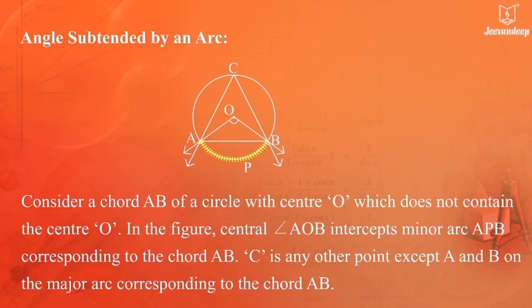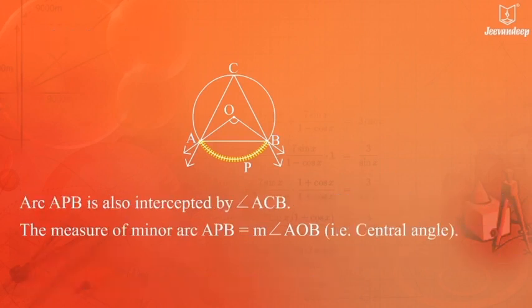C is any other point except A and B on the major arc corresponding to the chord AB. Arc APB is also intercepted by angle ACB. The measure of minor arc APB equals measure of angle AOB, that is central angle.